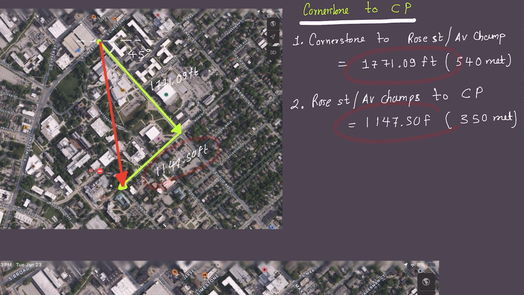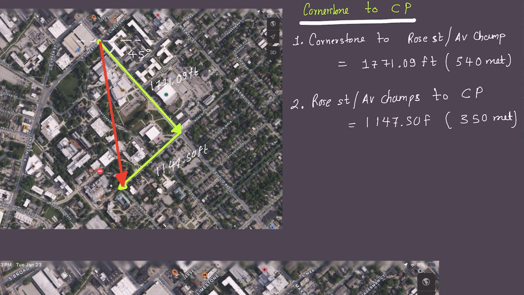But if you could fly from here to CP, you will definitely reach there quicker, and you will not need to travel as much as when you do a two-step process: first to the Rose Street and Avenue of Champions intersection, and then on Rose Street to CP. So we're going to find exactly that red distance right there.